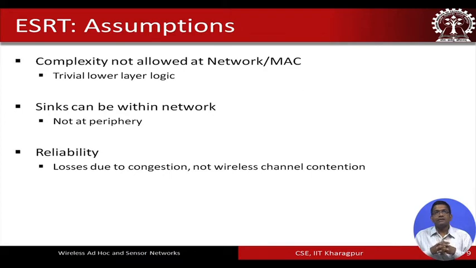The second is that sinks can be within the network, not necessarily at the periphery of the network. And the third is reliability. That means the packet losses that are occurring are only due to congestion and not due to any other reason such as wireless channel condition and so on.